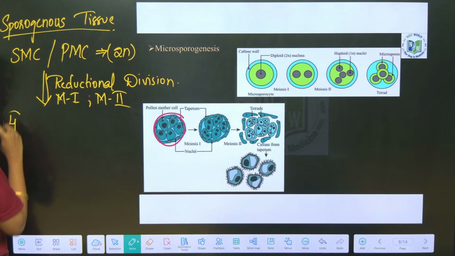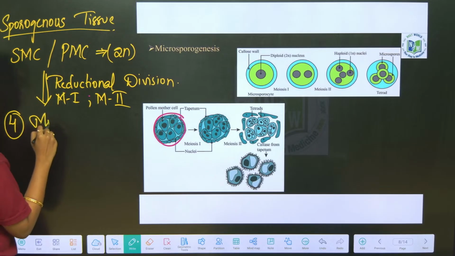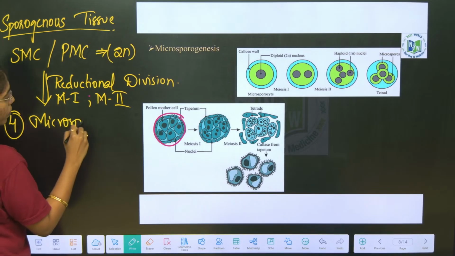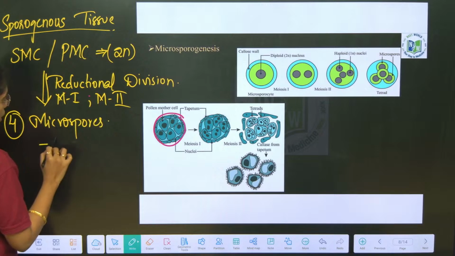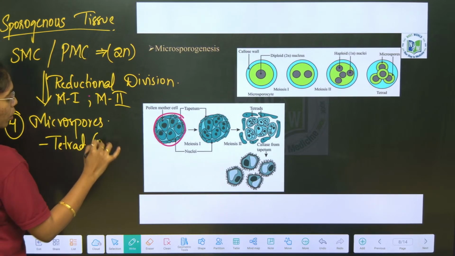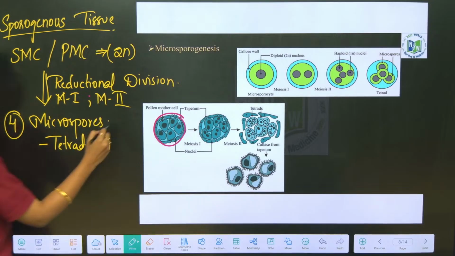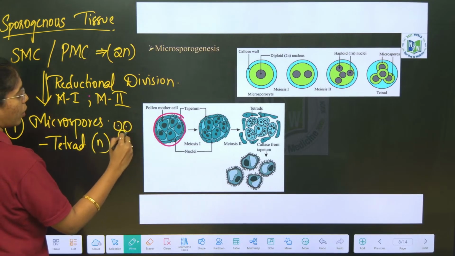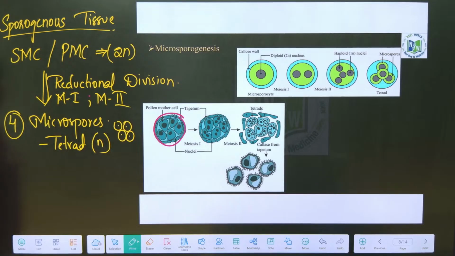Those 4 are haploid microspores, which give the tetrad condition. Fine, 4 microspores which are haploid provided tetrad condition.